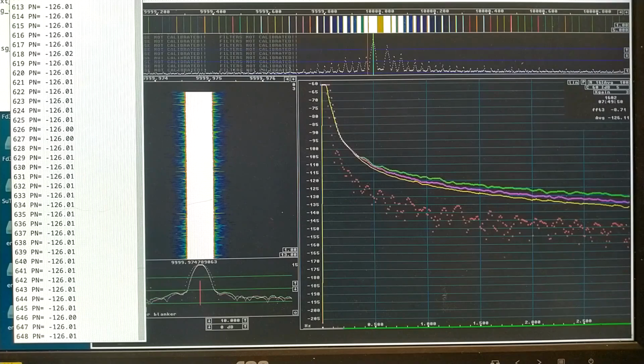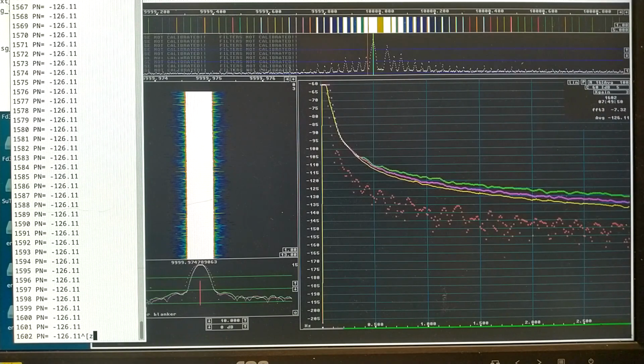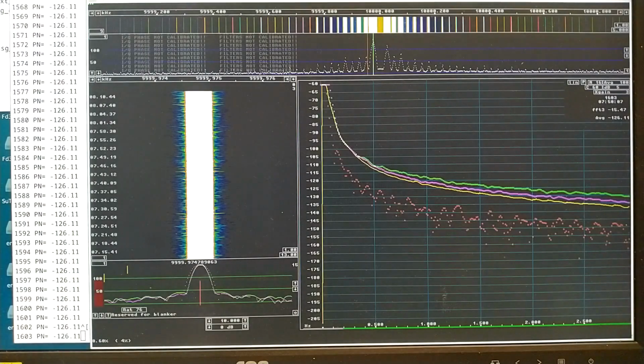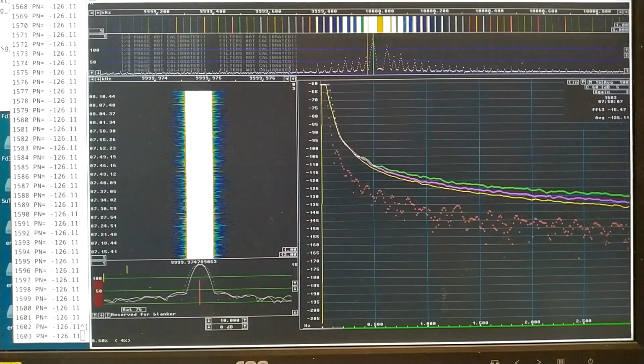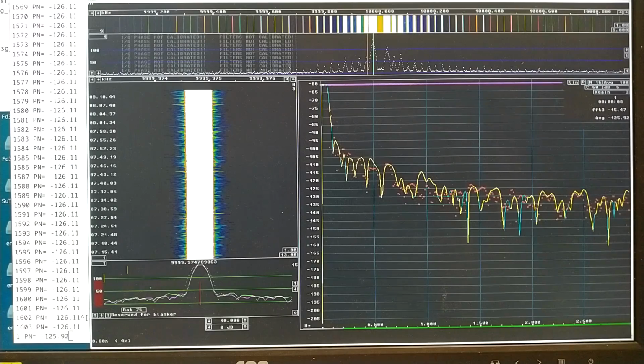I will restart to look how many averages are needed to get a stable number. That is Alt Z. And I have to have Linrad in focus to do that. Now I am starting.